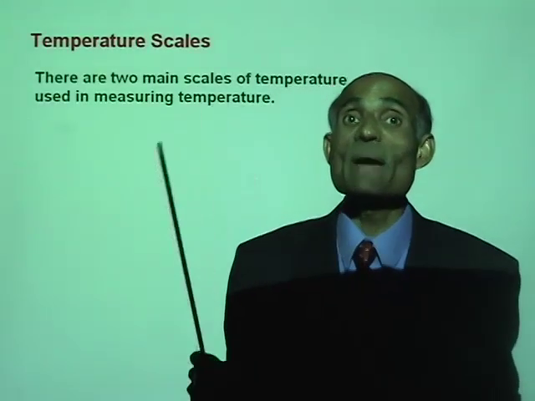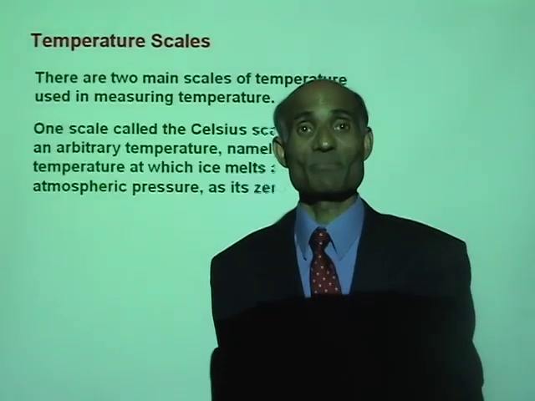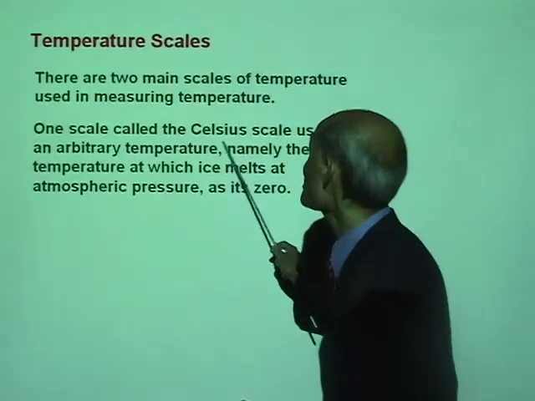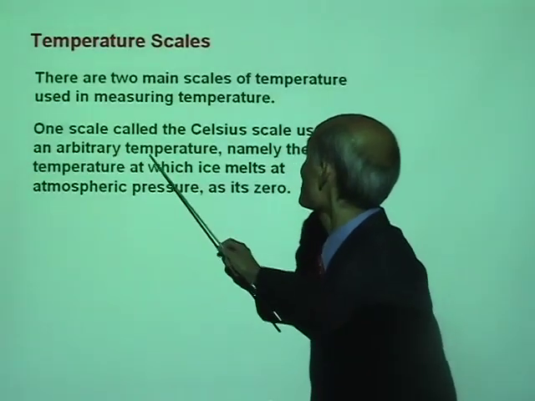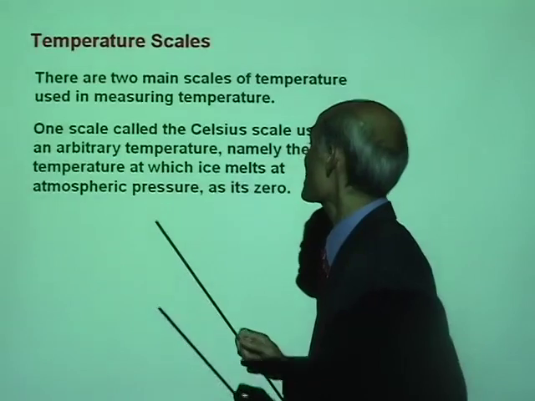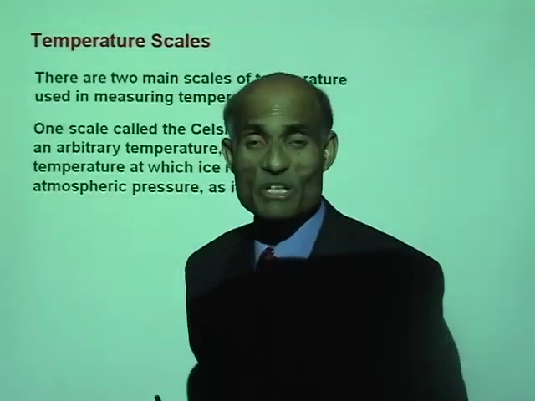There are two main scales used in measuring temperature. One is called the Celsius scale, which uses an arbitrary reference, namely the temperature at which ice melts, as 0.